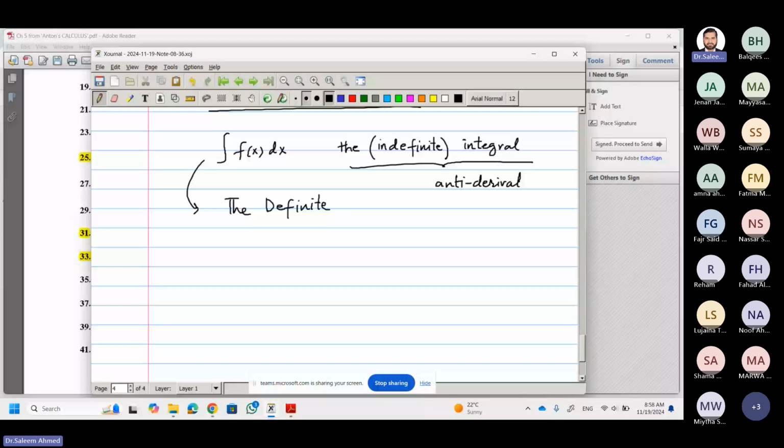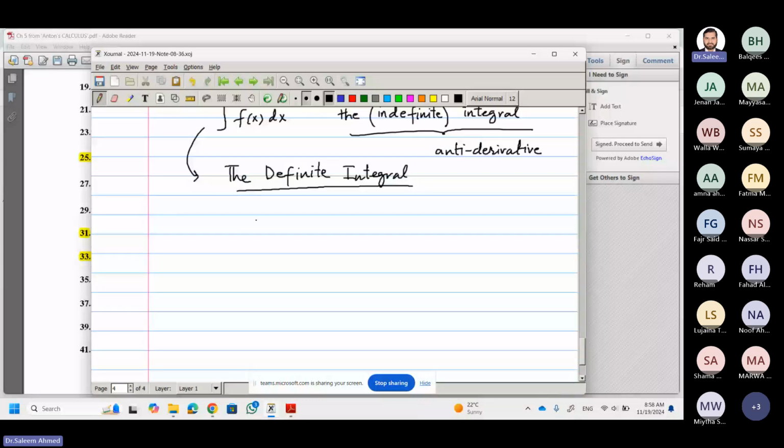The definite integral is defined separately. It is basically integration of f(x) dx over some interval. So we write the interval a to b. These are called the limits. So basically we are integrating something over a given interval of values, a to b.